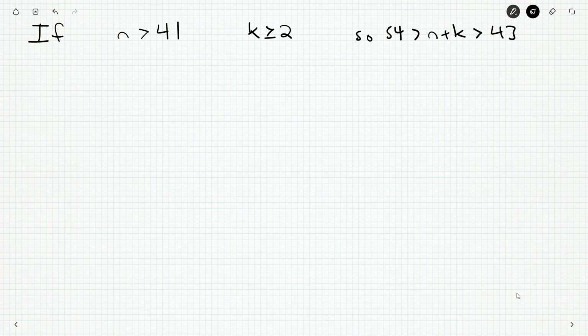I'm not exactly seeing this being helpful, but at bare minimum, k has got to be less than 13. Guaranteed less than 13. If it were equal to 13, since n is bigger than 41, then we'd have something that's equal to 54, and we've already done that case, so don't worry about that.